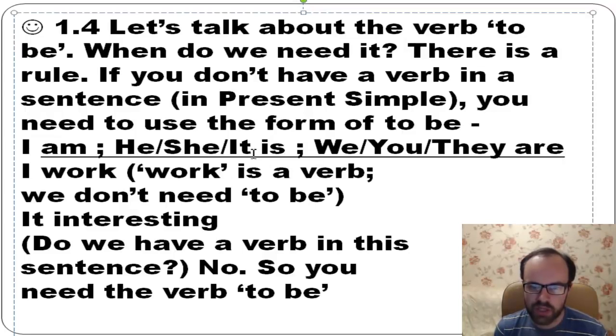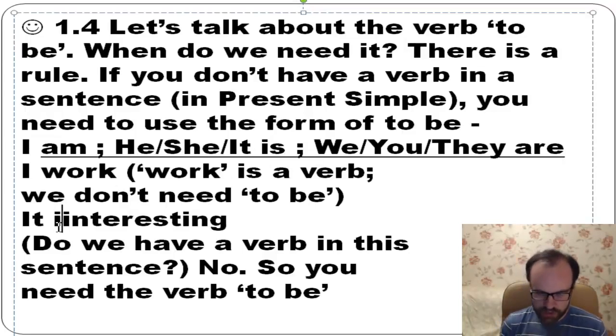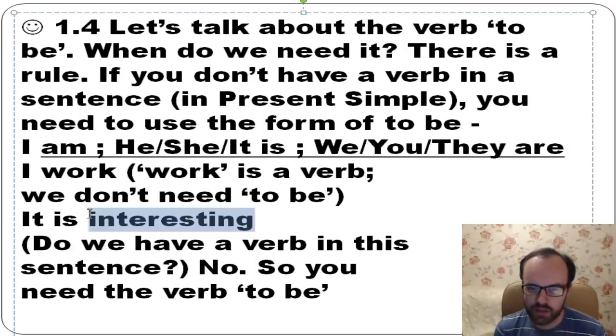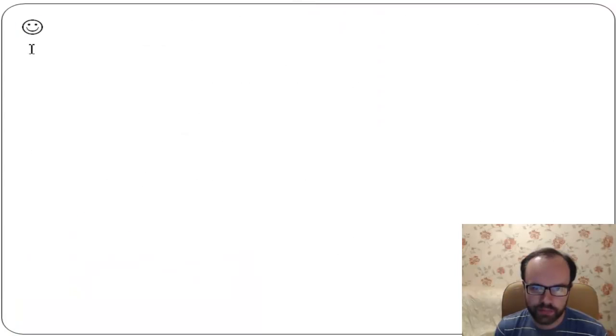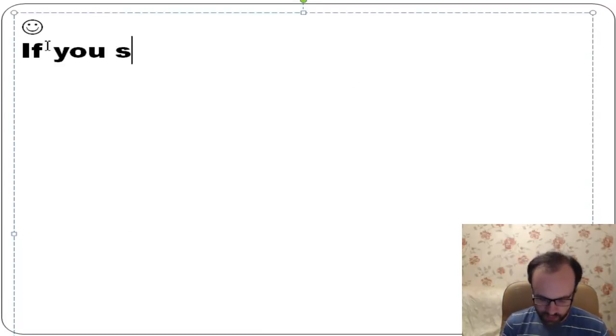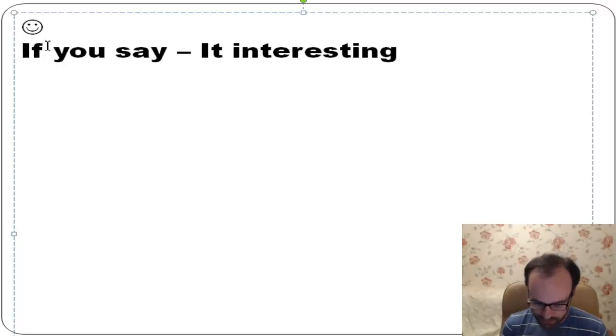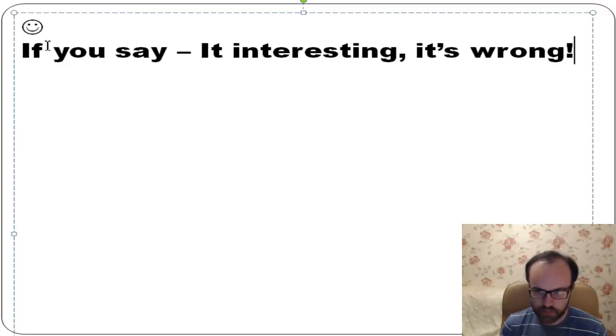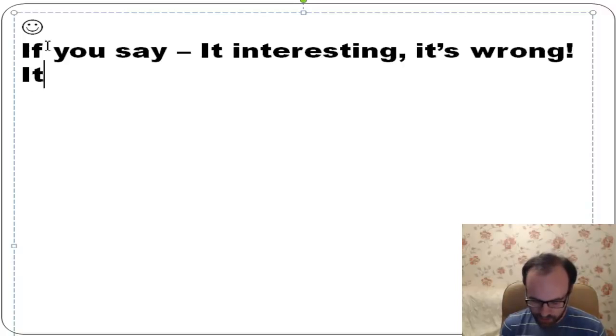So we say it is interesting. Yeah, it is interesting. Do we have a verb in the sentence? No, so you need the verb to be. So if you say it interesting, it's wrong.